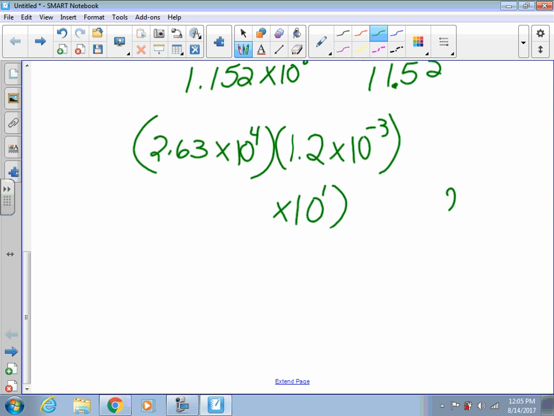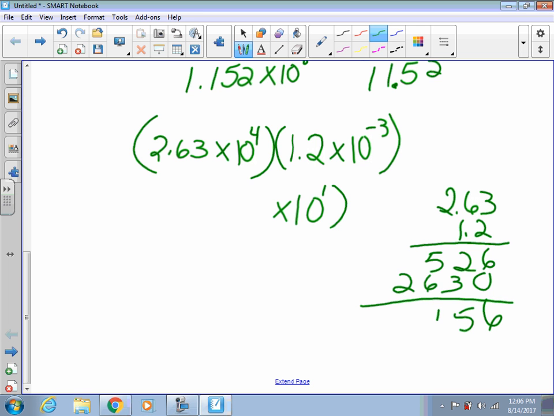And we do the multiplication of 2.63 and 1.2. 3.156. Okay, so that's multiplying exponents, scientific notation.